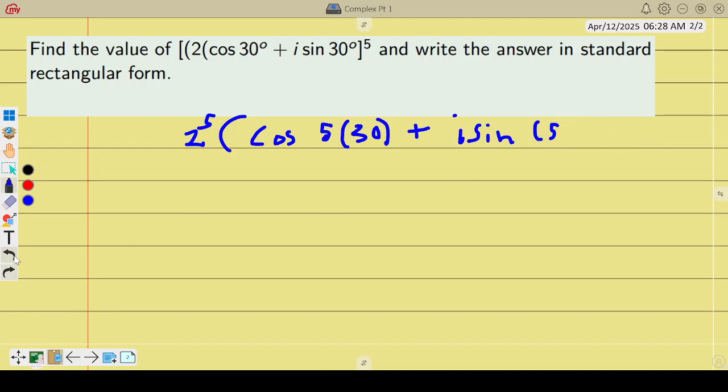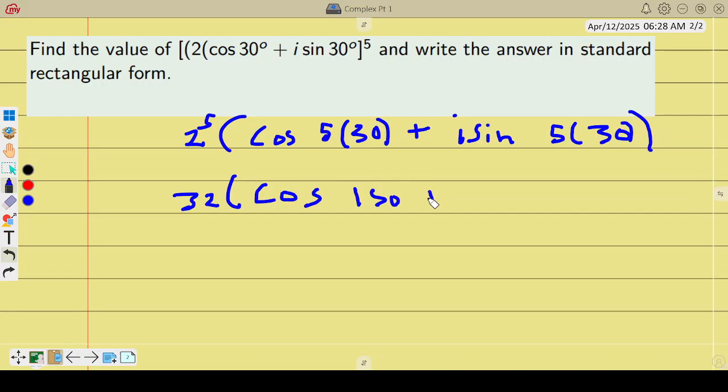So 2 to the power 5 is 32, and then this will be cos of 5 times 30, which is 150, plus i sine 150 as well. They said we should leave it in rectangular form, so we should be able to simplify this part.